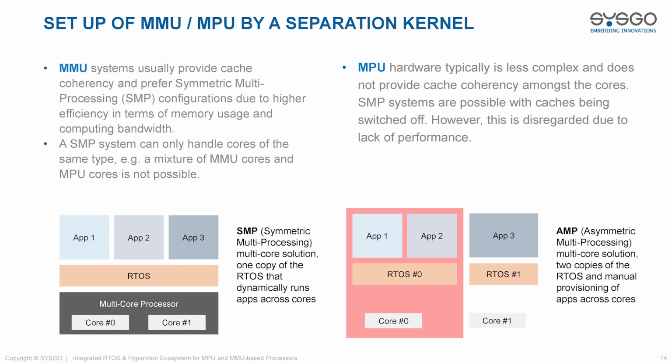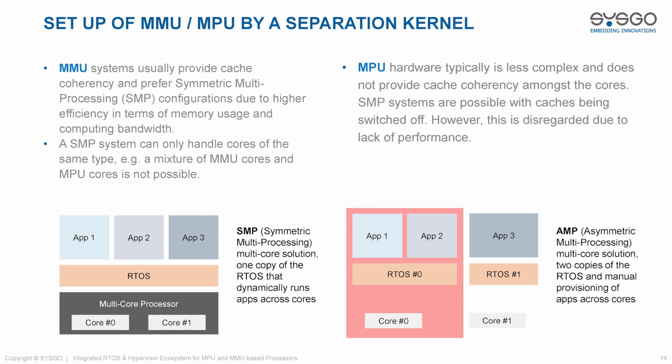Let's get into the setup of MMU and MPU by separation kernel. MMU systems usually provide cache coherency and prefer SMP configurations due to higher efficiency in terms of memory usage and computing bandwidth. An SMP system can only handle cores of the same type.